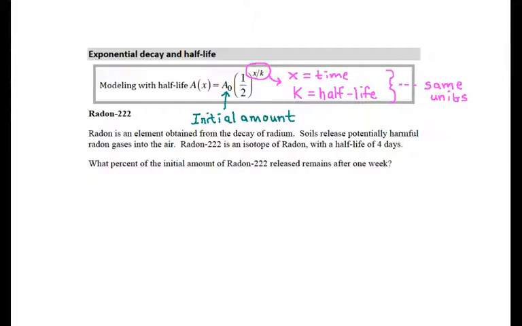A of x over here on the left-hand side tells us the amount remaining, right? So this calculates the amount remaining. We'll just say amount, or amount at time x.